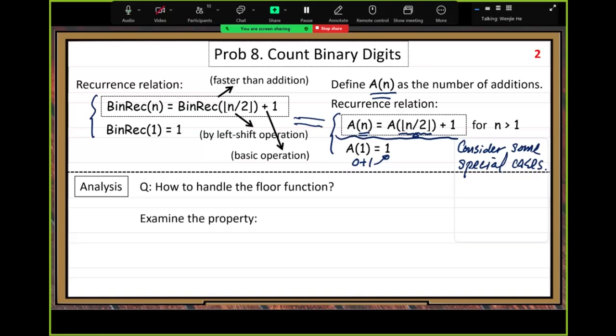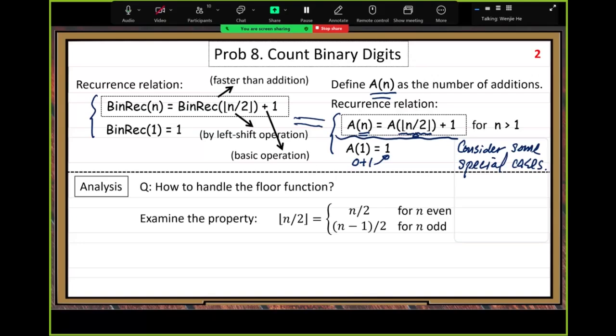When you look at the floor function part, when n is an even number, you can remove the floor function to get n over 2. For n even, you don't need the floor function symbol, you just get n over 2.